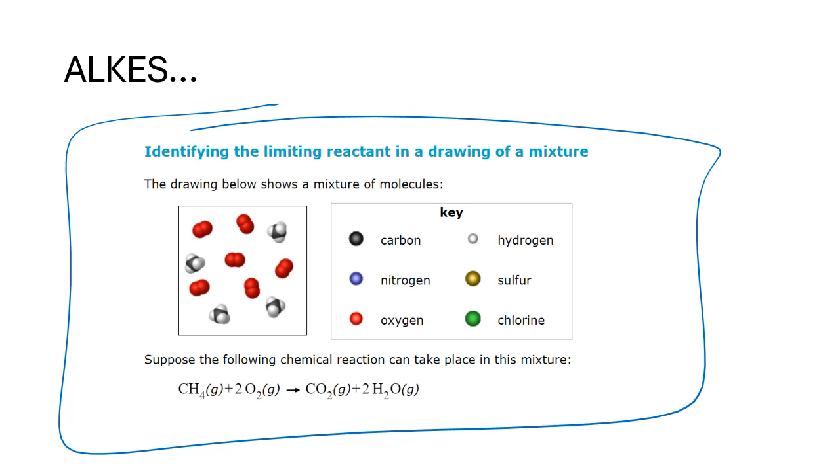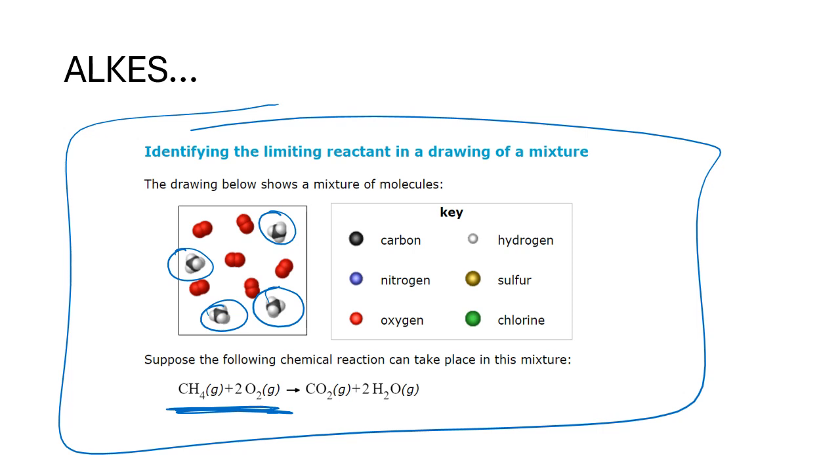So let's rationalize it. We have this reaction below. We have CH4, which is methane, and O2, oxygen, diatomic. We want to know what is the limiting reagent. So if one methane reacts with 2 oxygen, it's just like the sandwich thing.